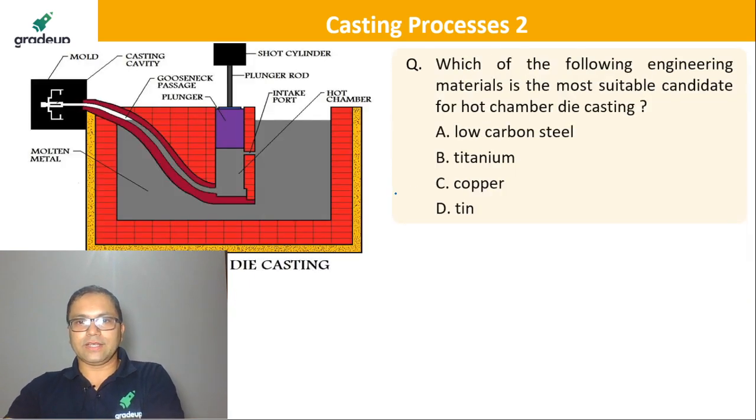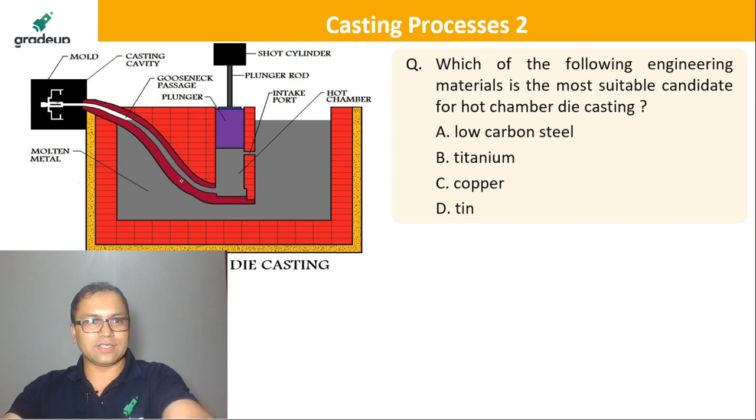Okay, fine. So the next question. Which of the following engineering material is the most suitable candidate for hot chamber die casting? Okay, now this shows a diagram or an image of a hot die casting chamber, right? So what happens is the molten metal is, this one is a molten metal, okay?